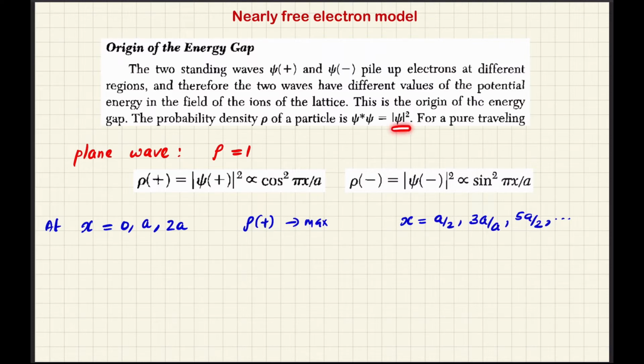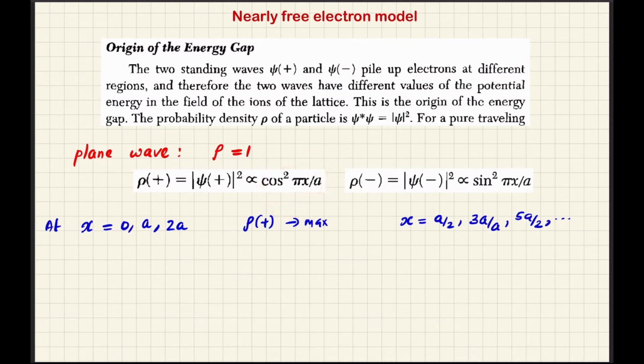For a plane wave, e raised to i k x, the probability density psi star psi will be 1. But in the case of psi plus and psi minus, we know psi plus is basically cos(pi x/a), and its probability density rho plus is proportional to cos squared(pi x/a).